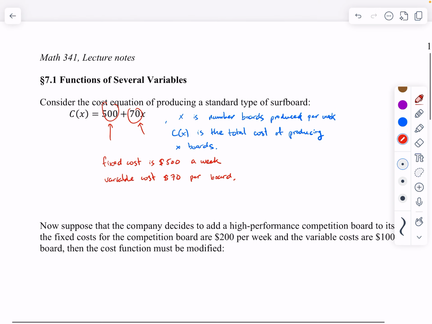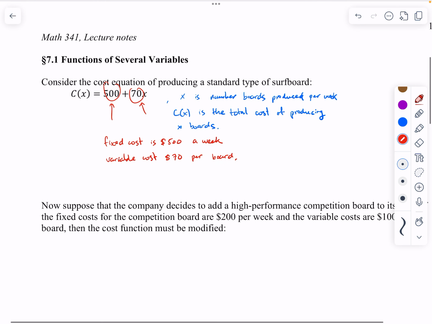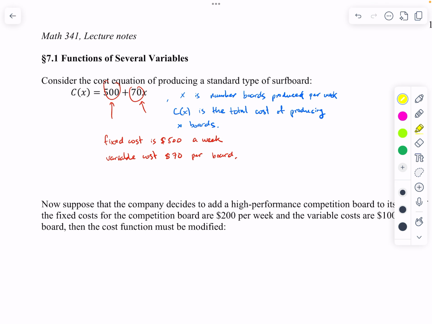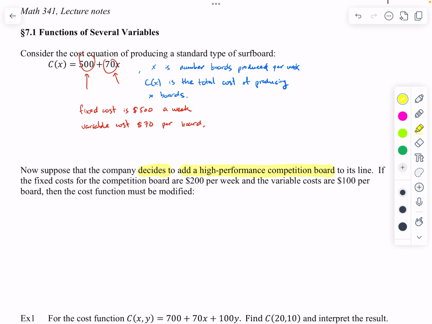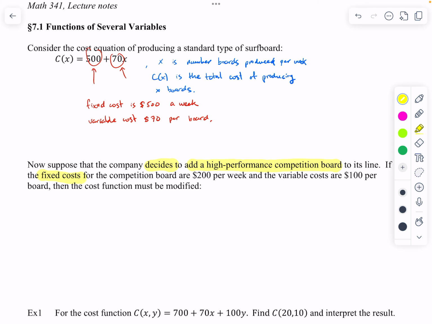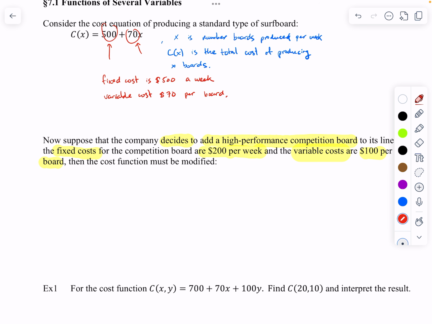Now, if the company decides to add a new type of board, call that the high performance competition board, to its line, and the fixed cost for the competition board is 200 per week and the variable cost is $100 per board, then the cost function must be modified. So now we're just going to look at the total cost for the high performance competition board.